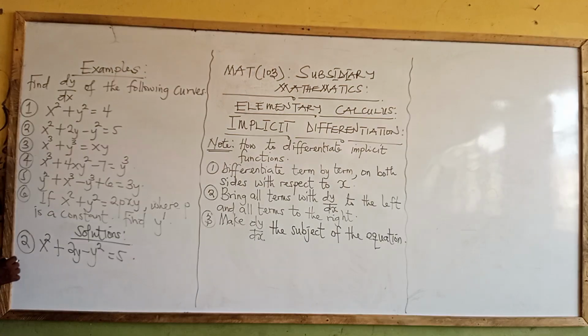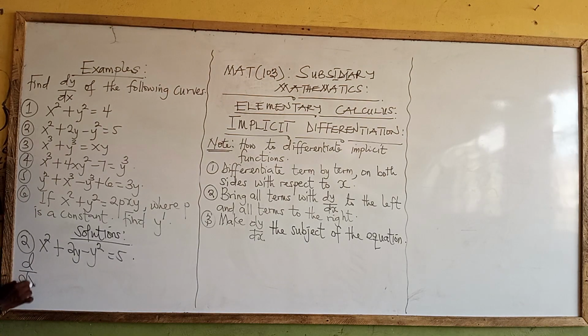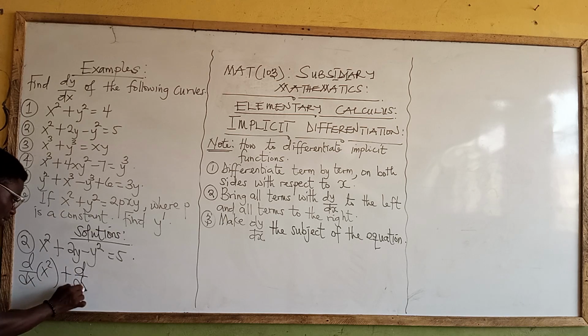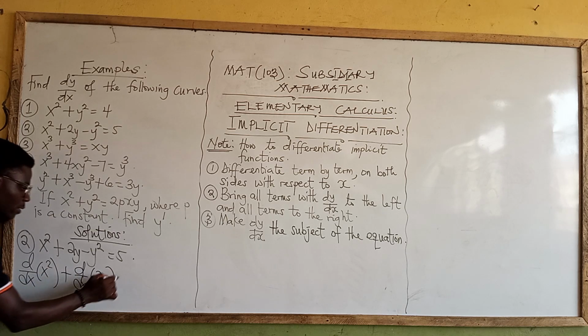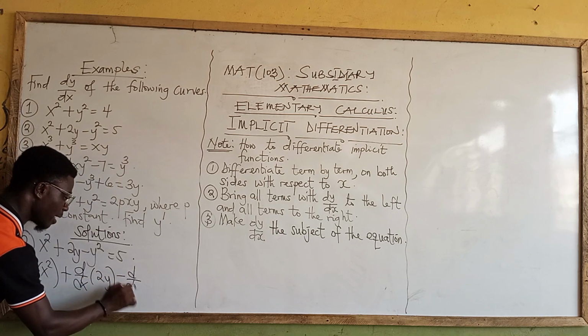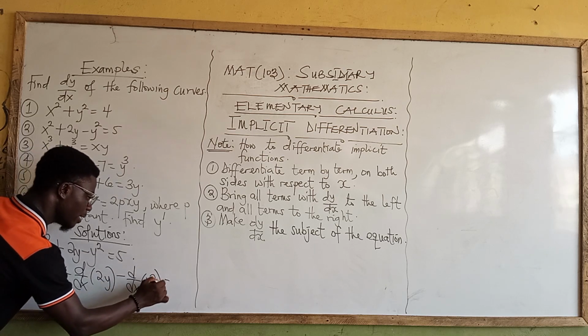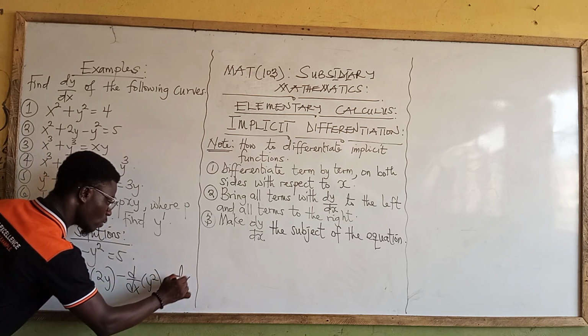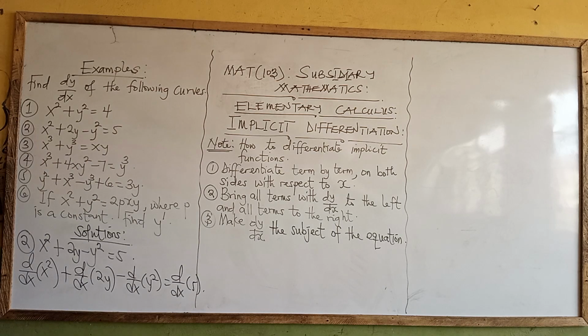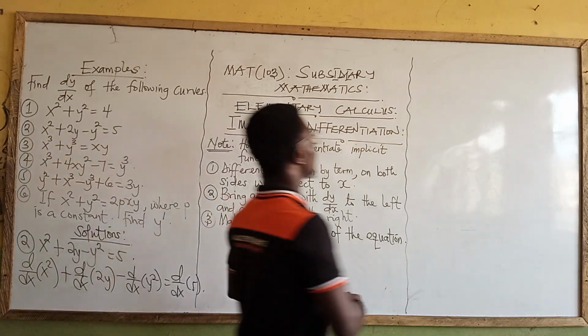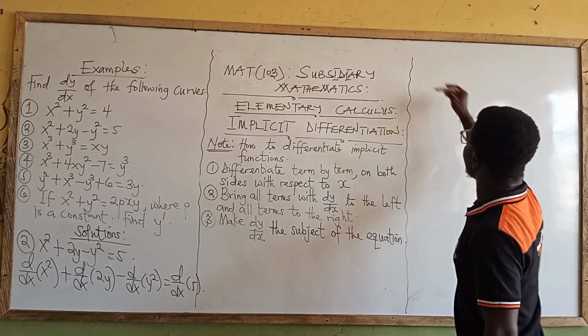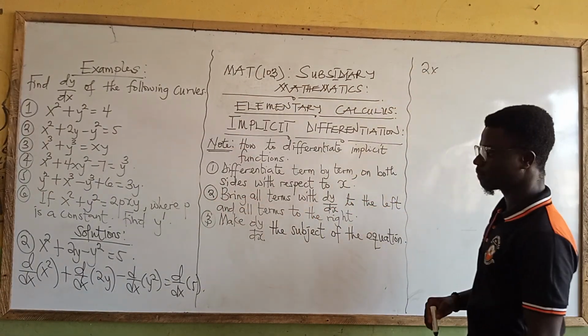So now we get d dx of x squared plus d dx of 2y minus d dx of y squared equals d dx of 5. Right. So if you differentiate x squared, you get 2x.